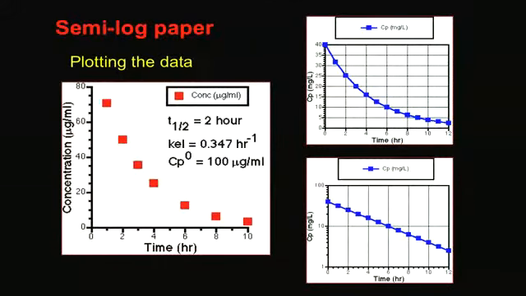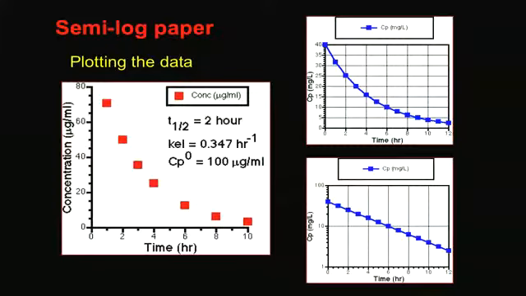Okay. Again, here's the same data. I'm plotting concentration, in this case micrograms per milliliter, on the y-axis and time in hours on the x-axis. And what you should notice there is something called a half-life, T1/2. For this particular drug, the half-life is 2 hours. That means in 2 hours time, I have half the amount of drug that I started with.